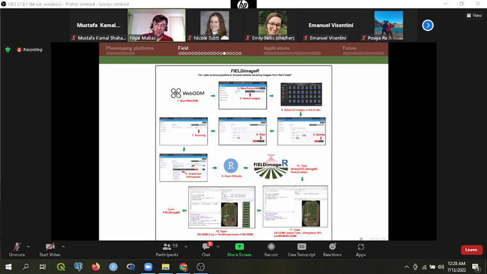So the open source suggestion to extract data is using WebODM for stitching together the individual images collected with the drone until you get your orthomosaic, just following click-point steps. And then from this point, you download your orthomosaic and come to R and follow the FieldImageR tutorial to extract information.